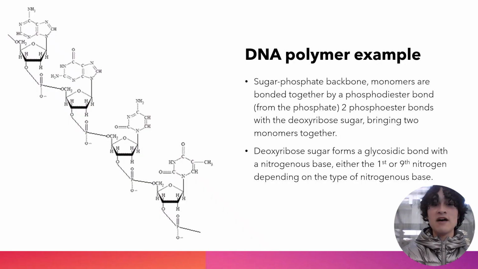But that phosphate sugar backbone is what is consistent across the structure of a DNA polynucleotide. The nitrogenous bases the deoxyribose sugar is linked to will differ, but it will either be adenine, guanine, cytosine, or thymine, which we're going to look at in the next slide.